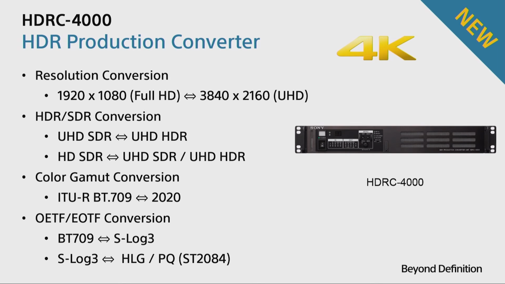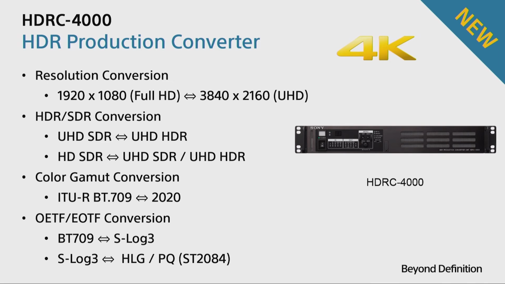So you can acquire using S-Log 3. Your entire live production can be maintained utilizing S-Log 3, which is your OETF curve. And then you can do your full production. And then at the very end, you can convert to the HDR format that you choose. So you can go to a HLG curve.